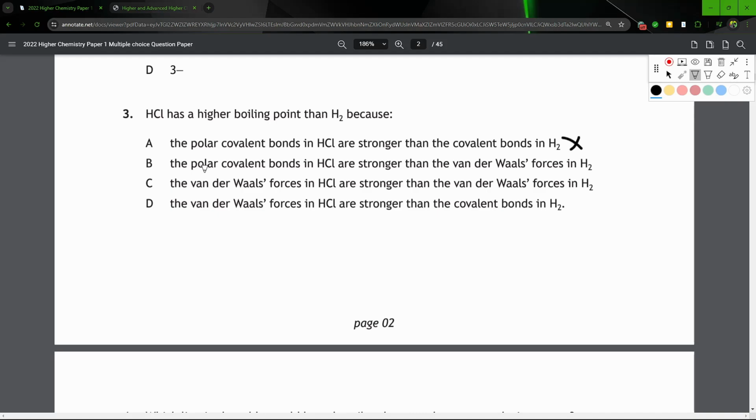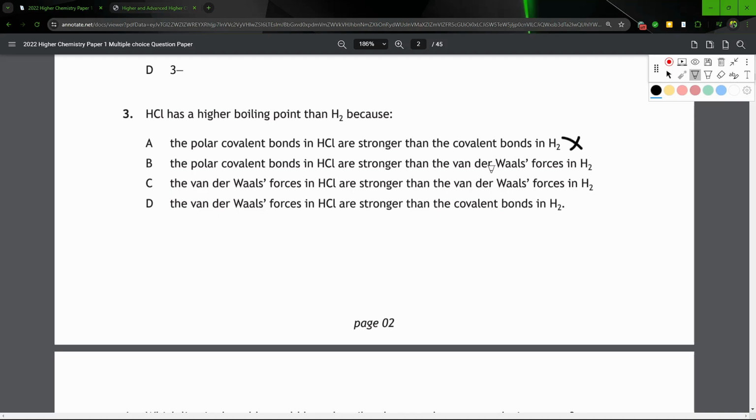So polar covalent bonds are stronger than the van der Waals forces in H2. This is technically correct, but it doesn't matter because we're not comparing the same thing here.